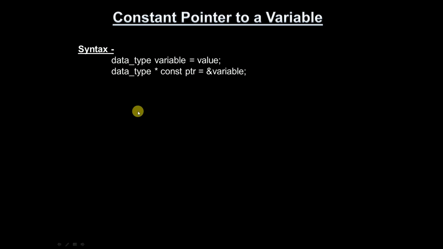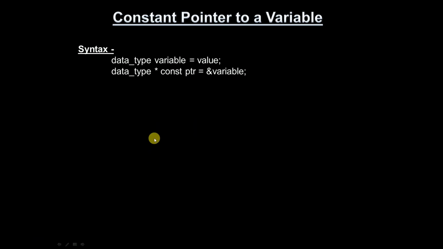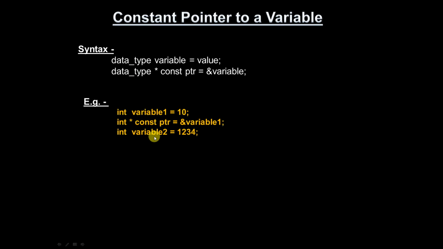Okay, now we will discuss with the example. Same: int variable 1 equals to 10, int star const ptr equals to address of variable 1, int variable 2 equals to 1234.